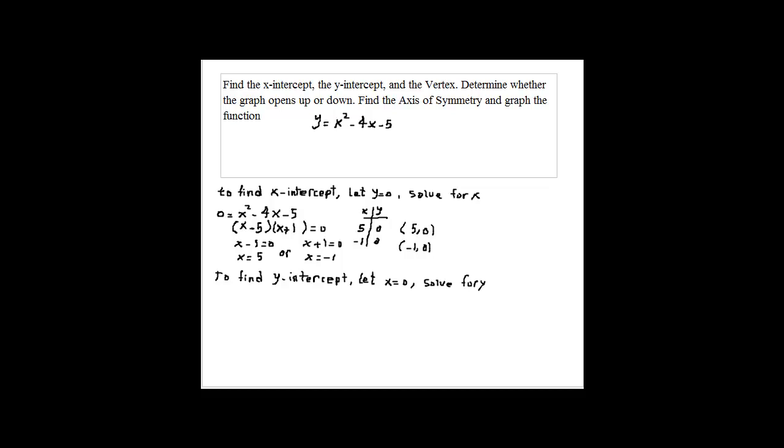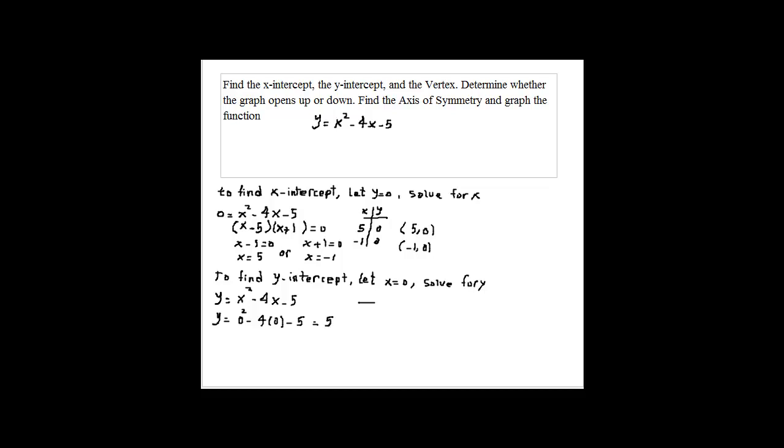Okay, so let's do that. Here we get y is equal to x squared minus 4x minus 5. Lloyd, if x is equal to 0, what would y be equal to? That would be 5, because the first two terms turn to 0.